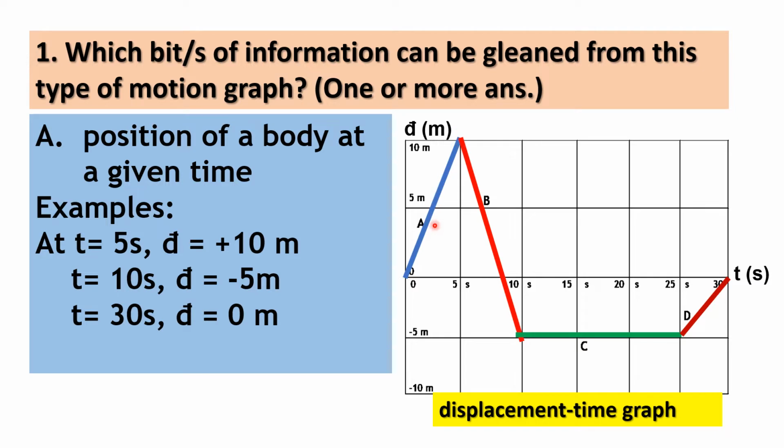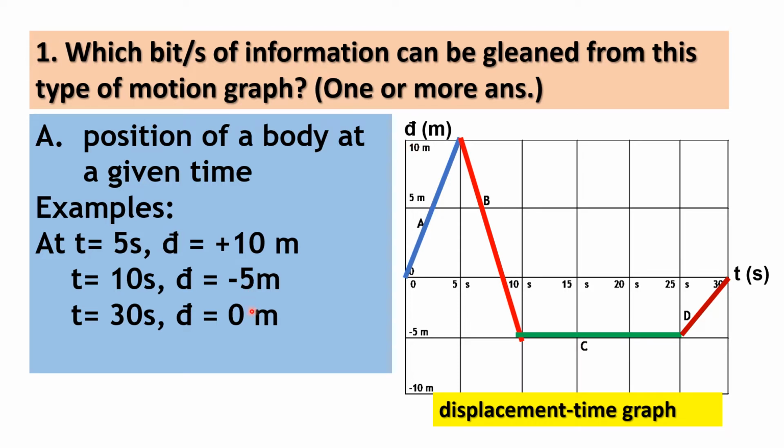So what we exactly did was to determine, based on the graph, the segment A, or the blue graph line, which corresponds to the time 5 seconds. So what is its corresponding position along the y? You have there 10 meters.